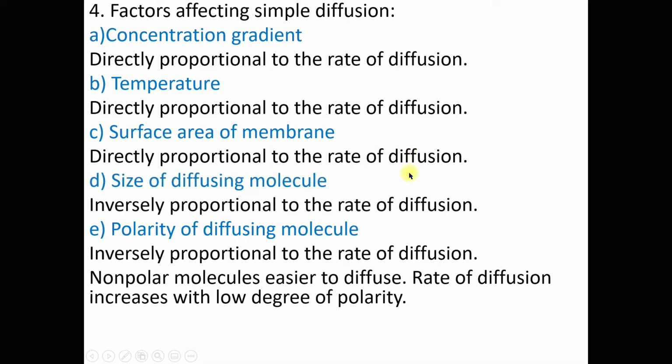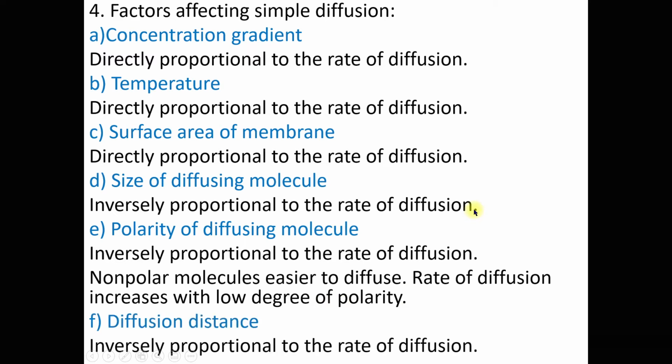And then the size of the diffusing molecule is inversely proportional to the rate of diffusion. Lagi besar molekul itu, lagi perlahan lah rate of diffusion. Polarity of the diffusing molecule, ini pun sama juga, inversely proportional to the rate of diffusion. For example, non-polar molecules diffuse more easily, so the rate of diffusion increases with a low degree of polarity.